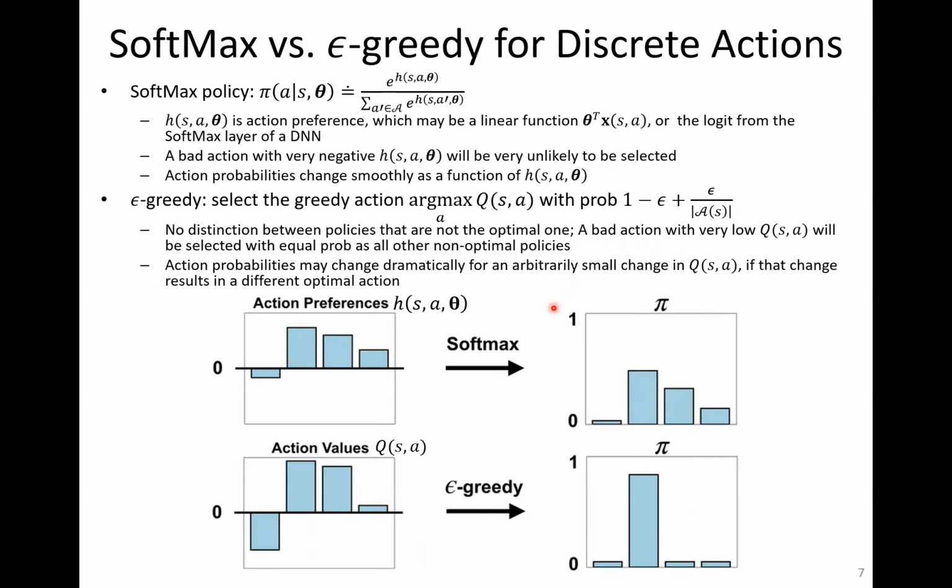One very common choice for the policy probability distribution is the softmax. Softmax has the form of an exponential of H, which is the action preference. If you use a deep neural network, it's the logit. If you use a linear function approximation, it's just a linear function output for the logit, the activation just before the nonlinear operator, the softmax layer.